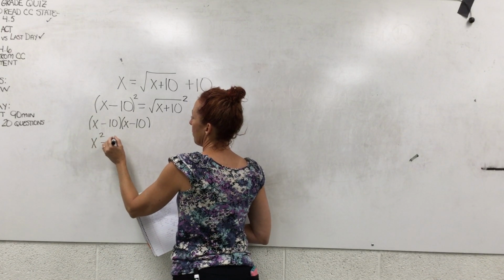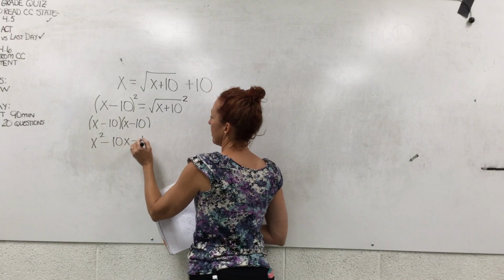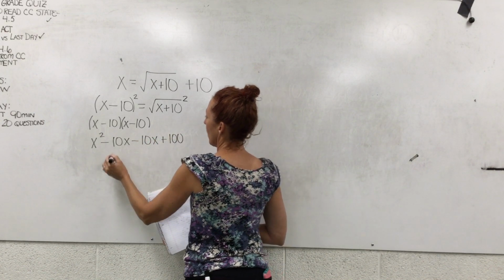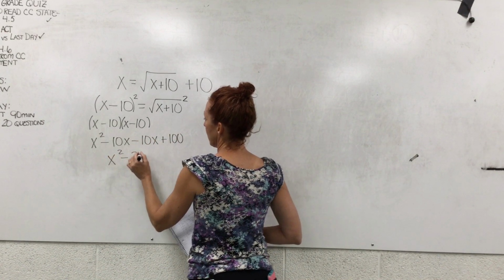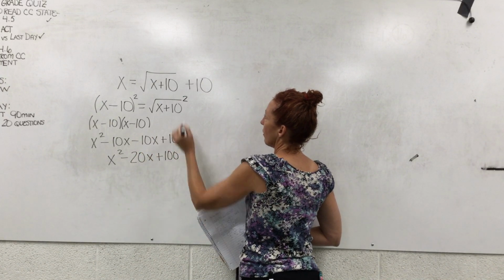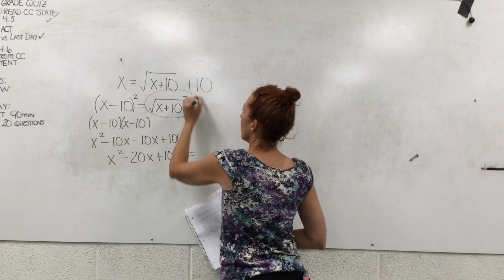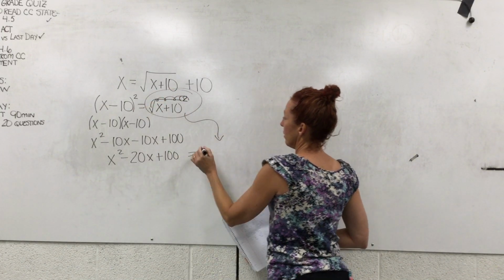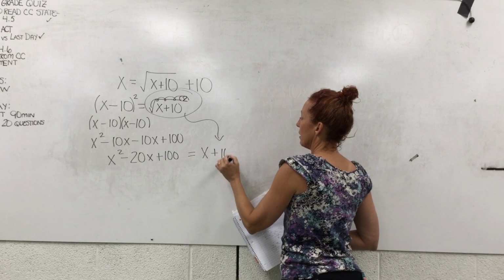So x squared minus 10x minus 10x plus 100, or x squared minus 20x plus 100. And on the right-hand side, when you square that radical, you get x plus 10.